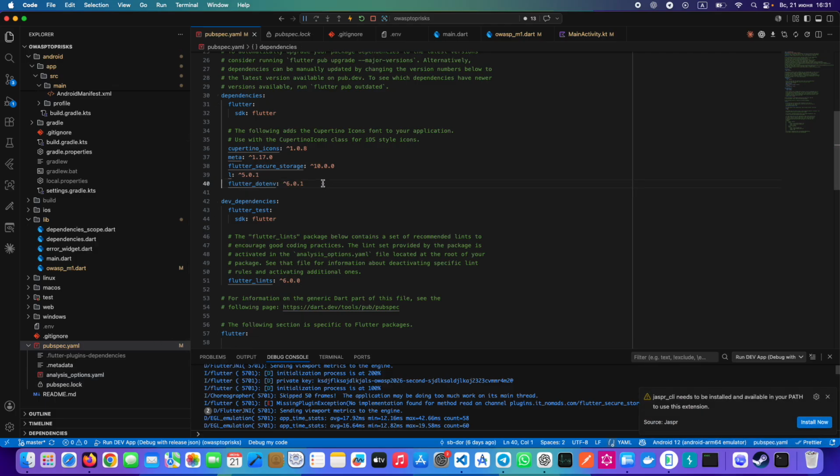So I couldn't explain you the main version. The main reason of the lock file is to have the same version of the packages in everybody's machine.